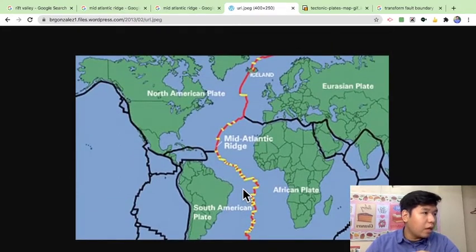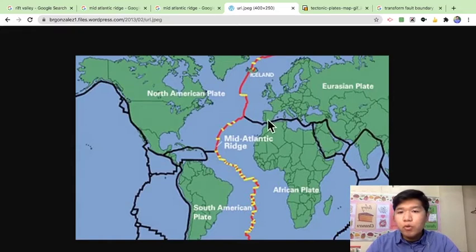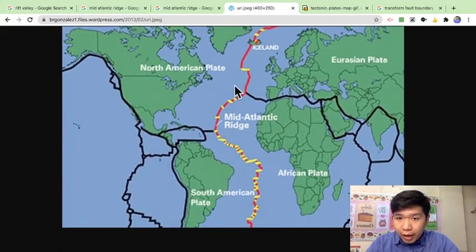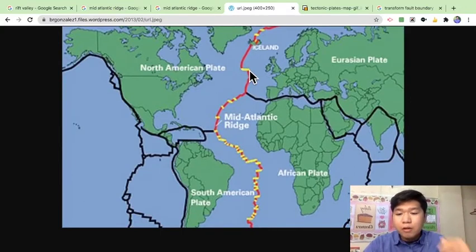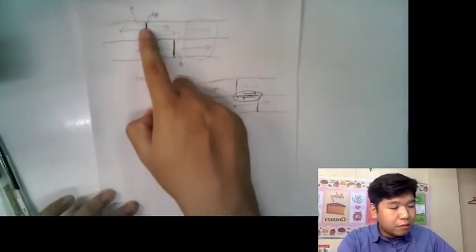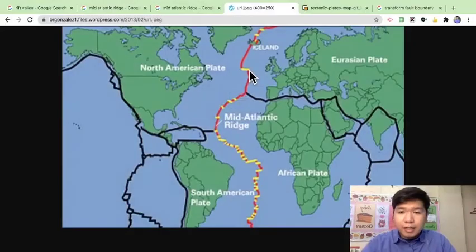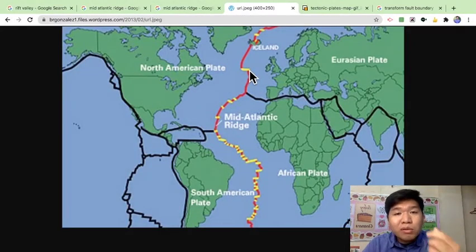There. Now, over the Mid-Atlantic Ridge, you can see two colors. You have red and then you have yellow. The red is the divergent boundary, and then the yellow ones are the transform fault boundaries. So, the Mid-Atlantic Ridge is actually a series of divergent boundaries and also a series of transform fault boundaries.